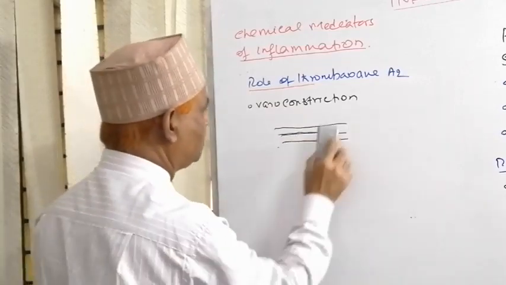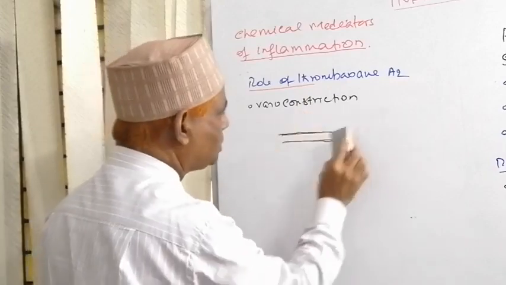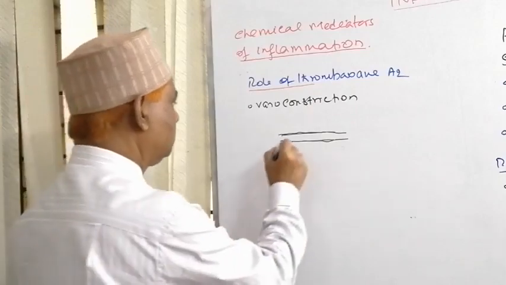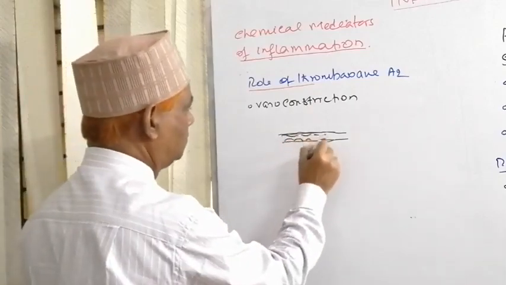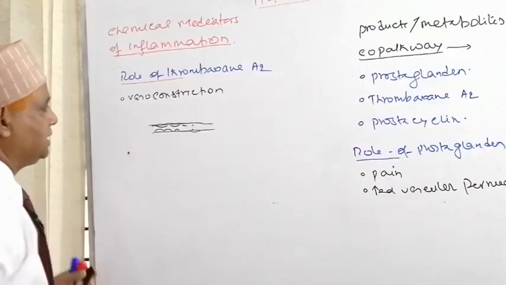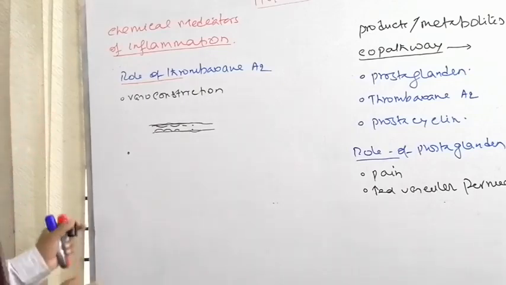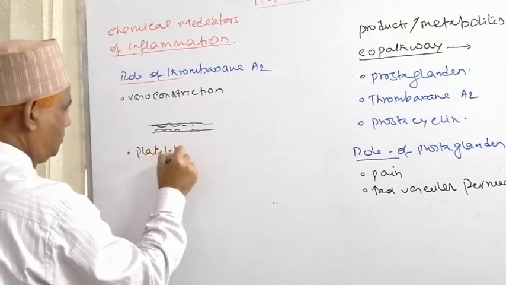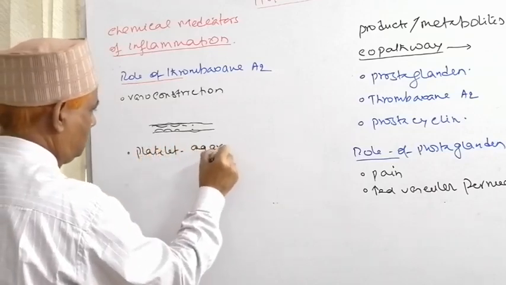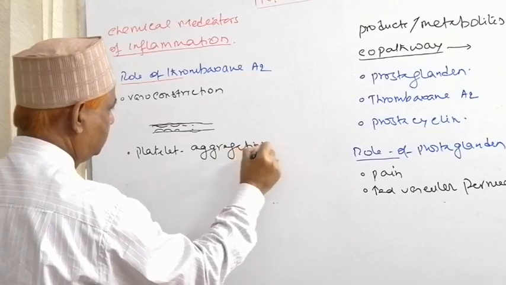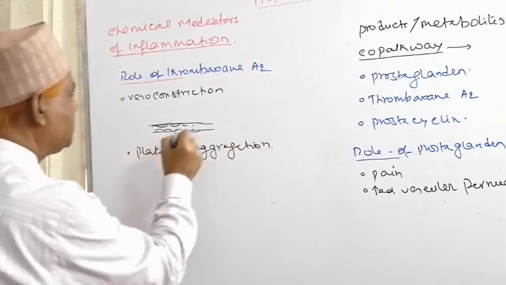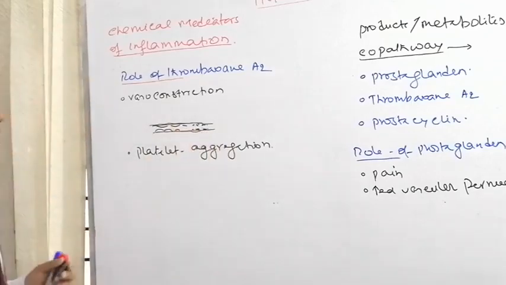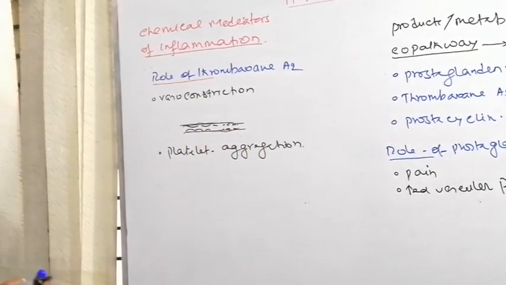It causes vasoconstriction and decreased flow of blood in the affected part of tissue. Another role, it is associated with platelet aggregation in the vessel wall. Now come to role of prostacyclin.